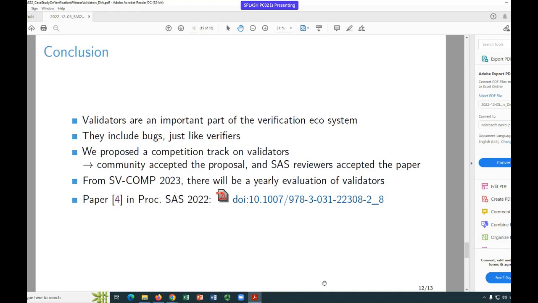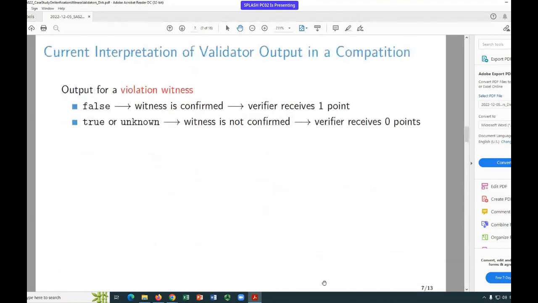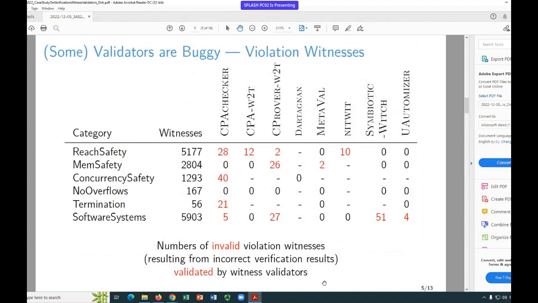Let me just remind myself what the tools are. CPA checker is based on predicate abstraction and k-induction. CPA witness to test tries to convert the witness into a test vector and run it. C prover witness to test does the same, but it is based on the CPA checker framework, while the other one is based on CBMC, which they call the C prover framework, so these are completely different frameworks.